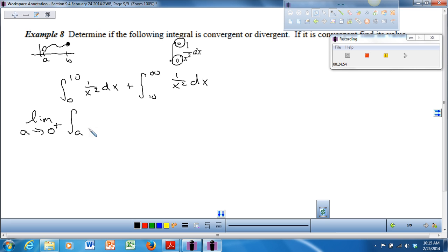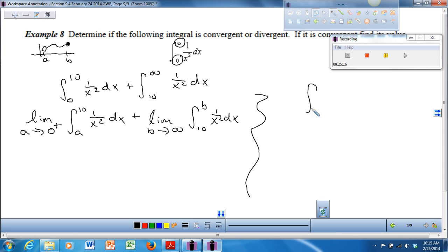the integral from a to 10 of 1 over x squared dx, plus the limit as b approaches what? Infinity, integral from 10 to b of 1 over x squared dx. Here we are again with the integral of x to the negative 2 dx, and we get negative 1 over x.